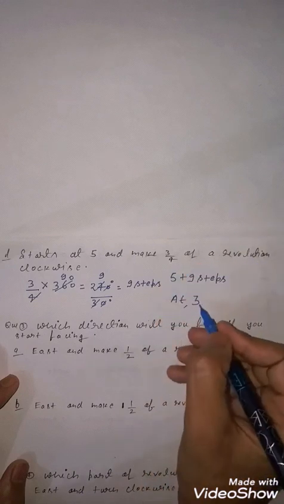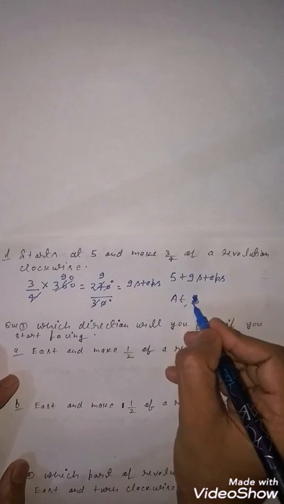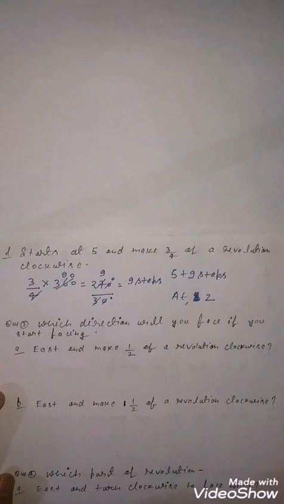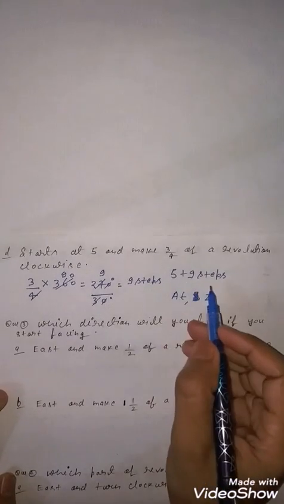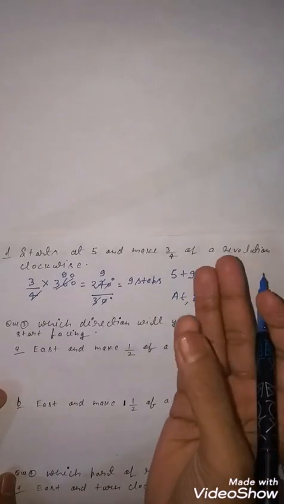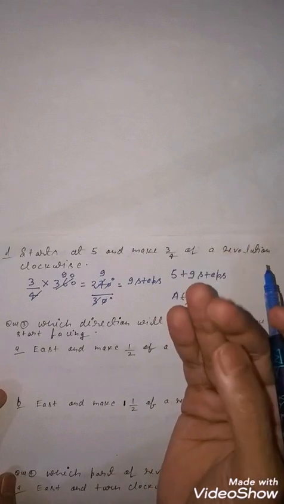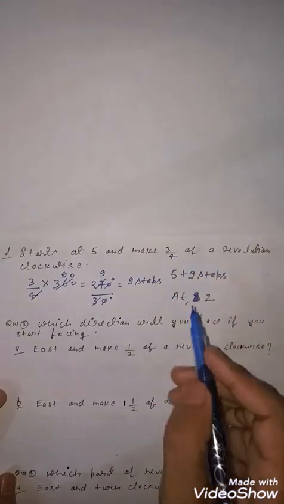So it will come at, the earlier one was wrong, at 2. Clear students? This question is clear now. 5 plus 9 steps, you can count 6, 7, 8, 9, 10, 11, 12, 1, 2, at 2.